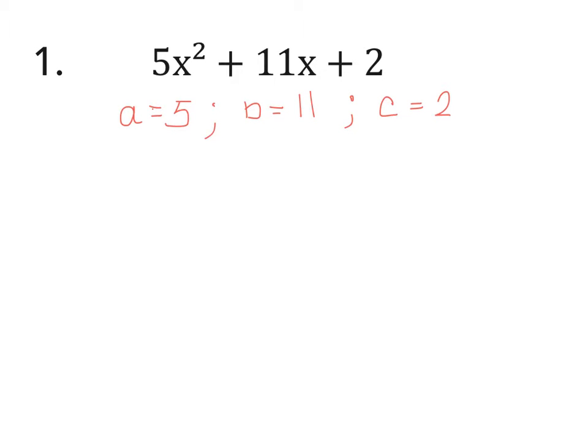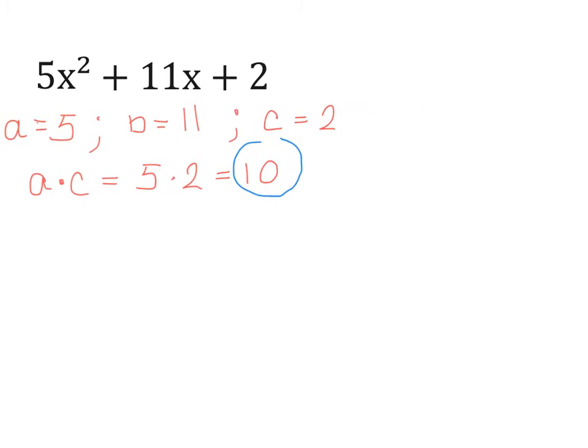Once we identify a, b, and c, we want to multiply a times c. For this problem, a times c would be 5 times 2. 5 times 2 is equal to 10. Alright, once we end up with the number 10, that's what we're looking for.